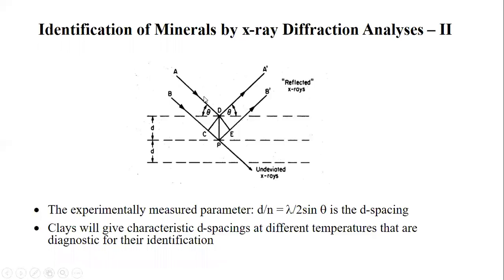But some of that X-ray will be reflected right away from the surface. So A to A prime, this is the theta between the surface of the clay that was hit by the X-ray. That angle is theta, and of course, we can control that with the machine.